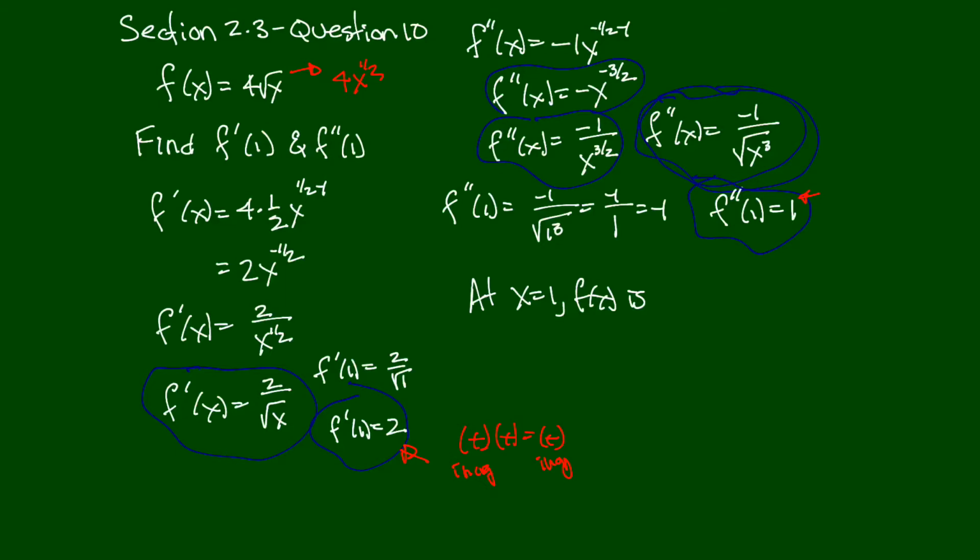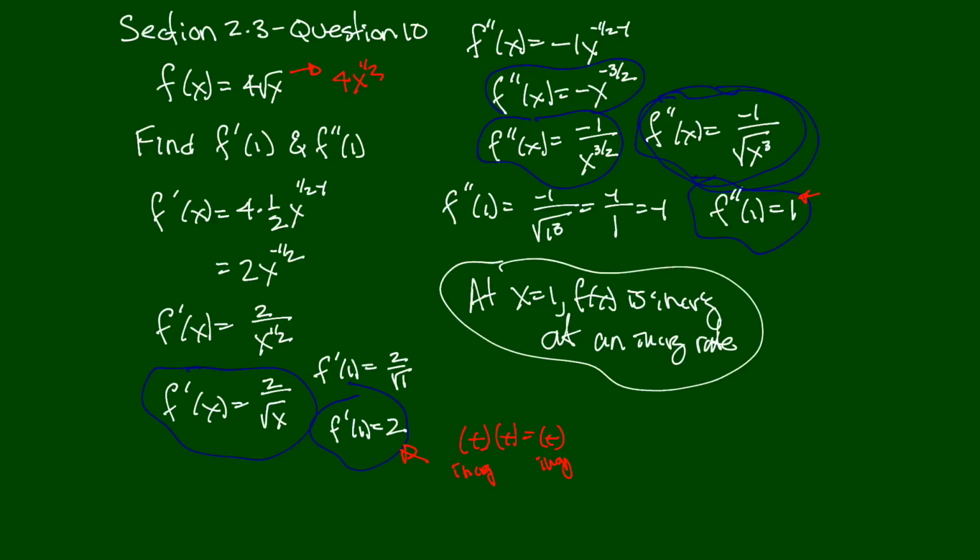So I'm going to claim now that at x equals 1, right, because we're at 1, who knows what it does in other places, but at least at 1, f of x is increasing at an increasing rate. It's almost readable, right? Increasing at an increasing rate. And a little piece of that curve at 1 would look like this, increasing at an increasing rate.